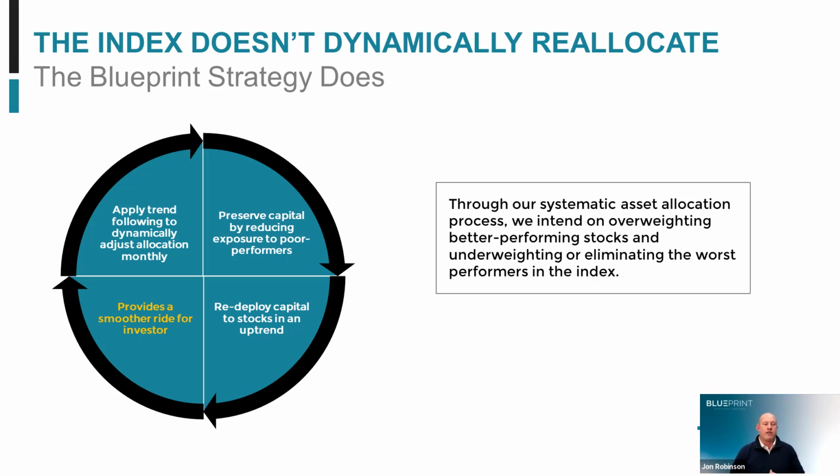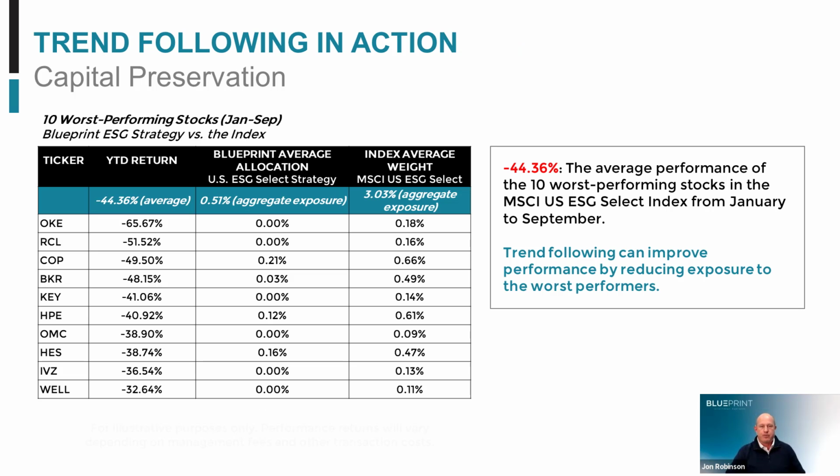The goal is providing a smoother ride for the investor, giving them staying power, not only avoiding the catastrophic loss, but attempting to keep expected return at or near its highest point, and avoiding the emotionally charged environments, giving them the ability to sit through all environments, not just one, which is the case with most passive investments.